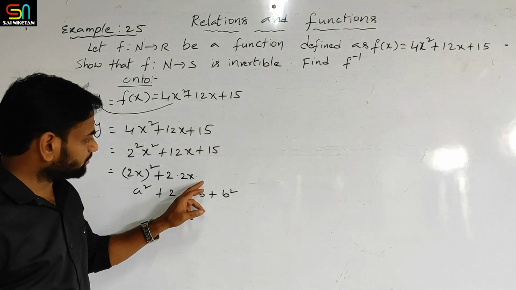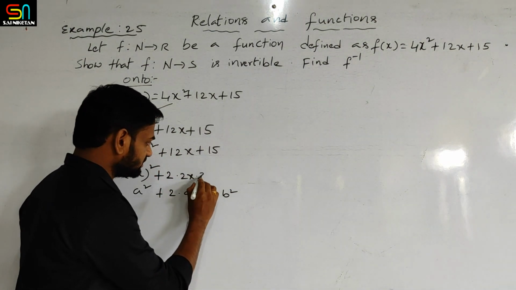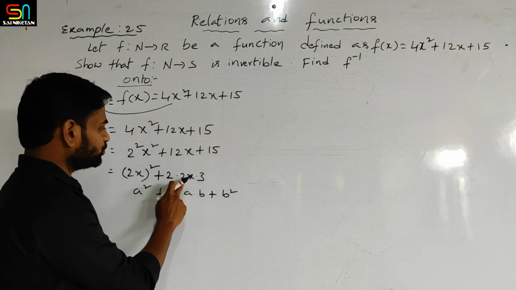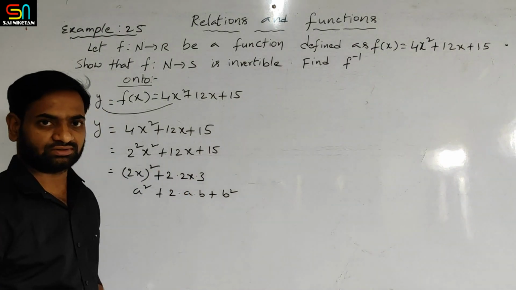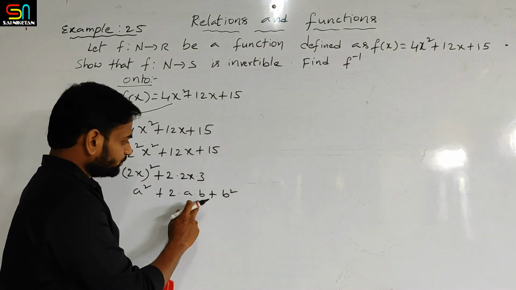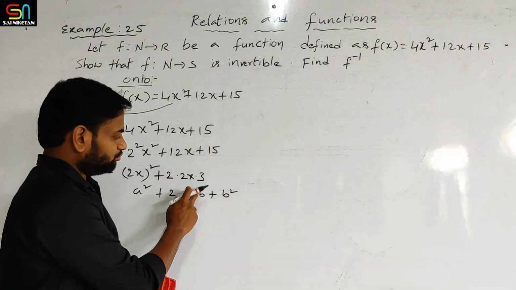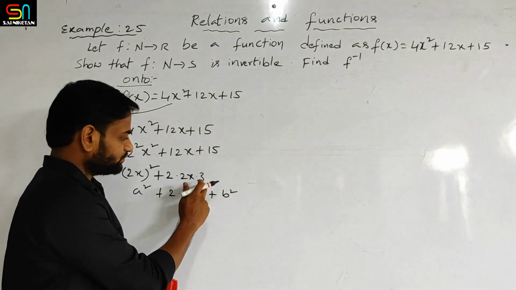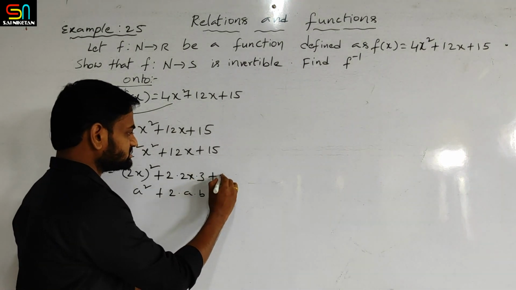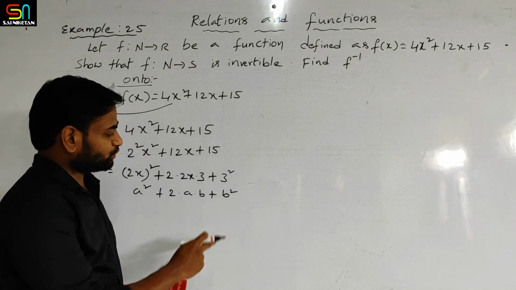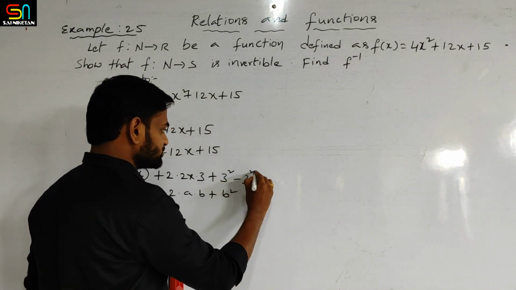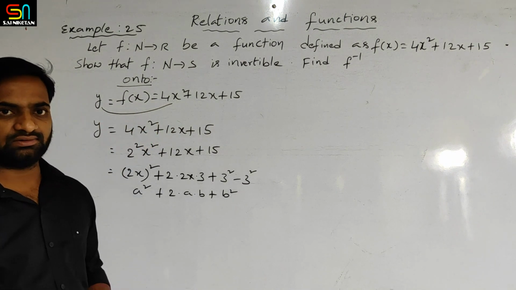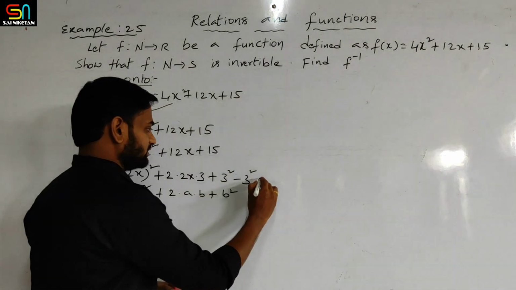You have to write the b value compulsorily 3, because 2 into 2 into 3: 2 into 2, 4. 4 into 3, 12. You got the answer. Now here, what is the b value? b value is 3. Plus b square is 3 square. I wrote one extra term here, 3 square. That's why I am writing here minus 3 square to get cancelled. Now remaining is plus 50.